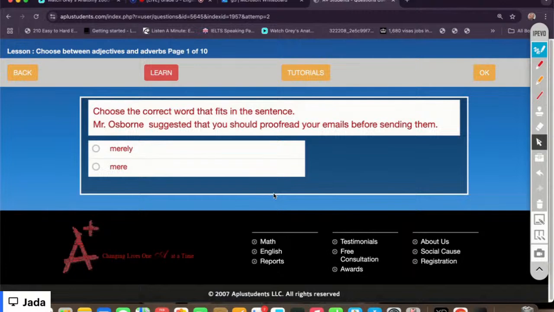Mr. Osborne suggested that you should proofread your emails before sending them. So, there's an empty space here: Mr. Osborne dash suggested that you should proofread your emails before you send them. So, what's our answer over here?